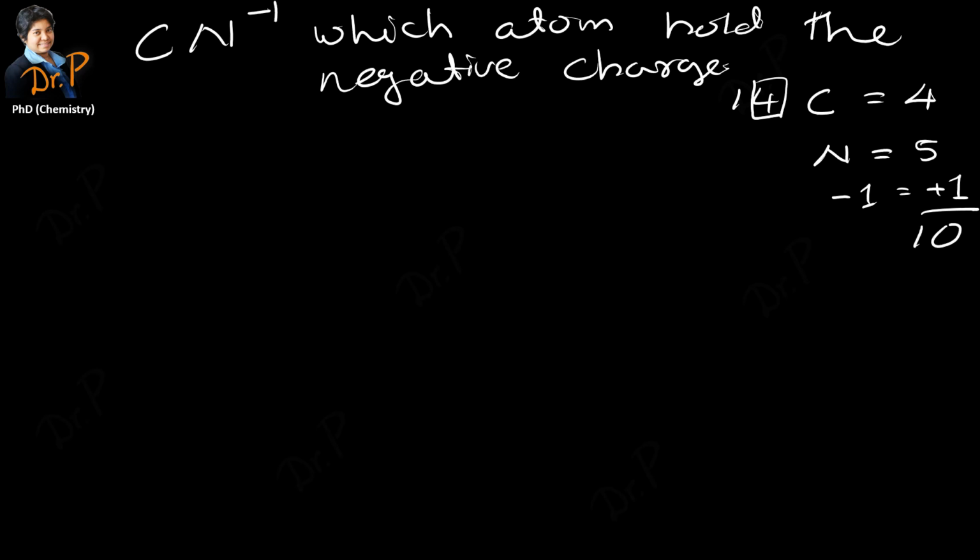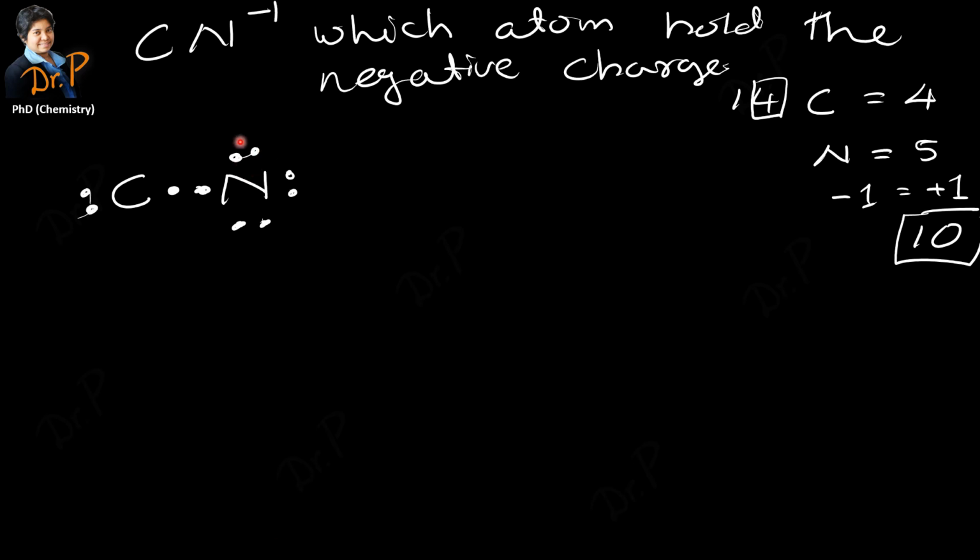That brings in a total of 10 valence electrons. Now I can put carbon, nitrogen, connect with a pair of electrons, 1, 2, and I'm going to place the rest of the electrons. So 3, 4, 5, 6, 7, 8, 9, 10.